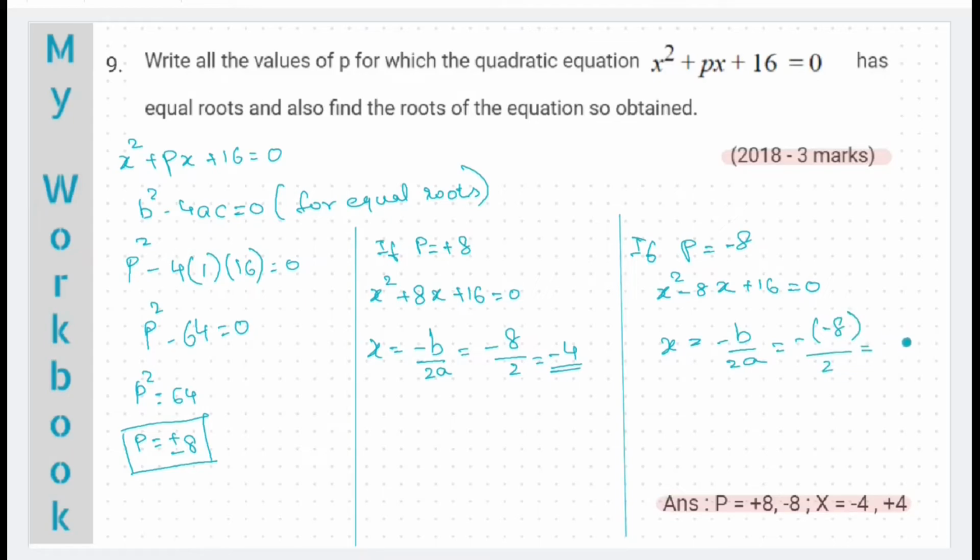So it will be 8 by 2. So x will be 4. So the values of p are plus or minus 8 and the roots of the equation so obtained are minus 4 and plus 4. Let's move on to the next question.